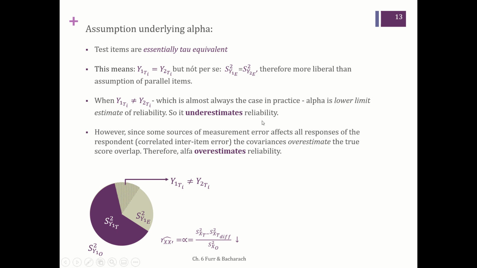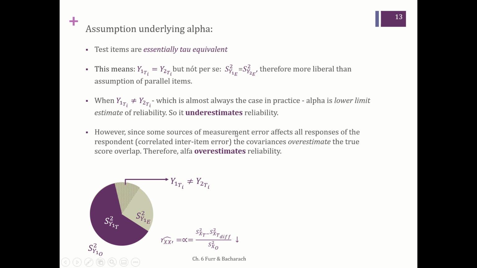However, remember that we are using samples, and we are using one test administration. That means if there's a measurement error part, something accidental happening, like what I was talking about, the flickering lights, the electricity problem, that measurement error will affect all items of the test.